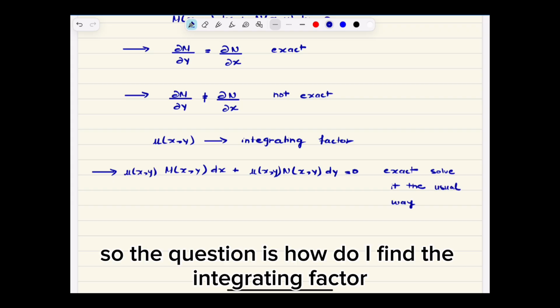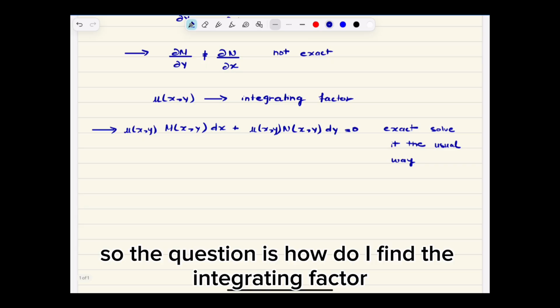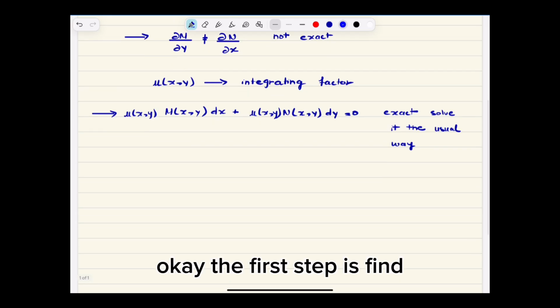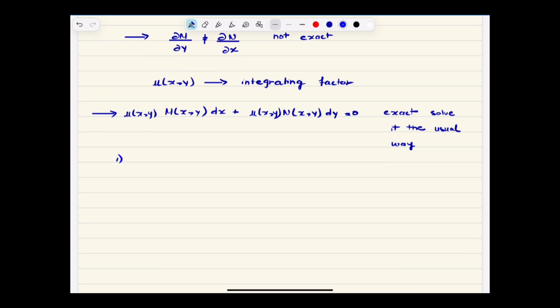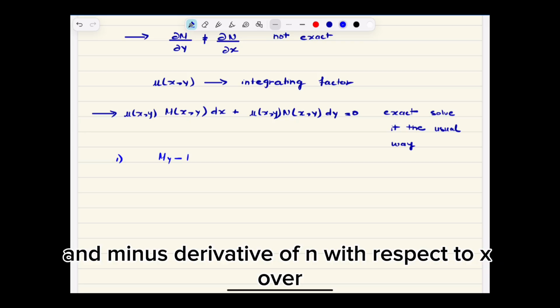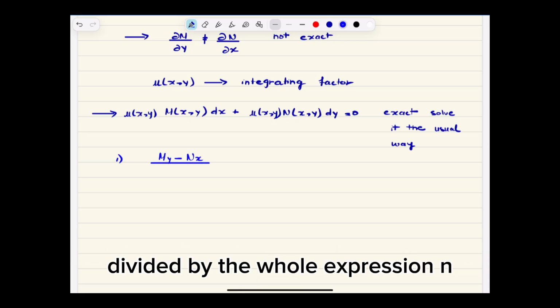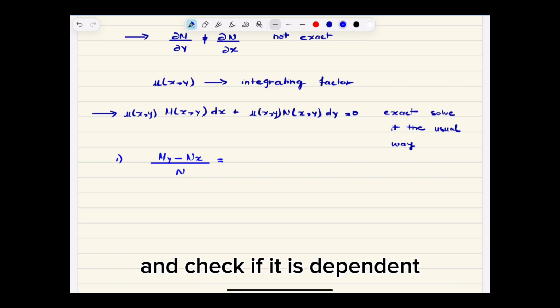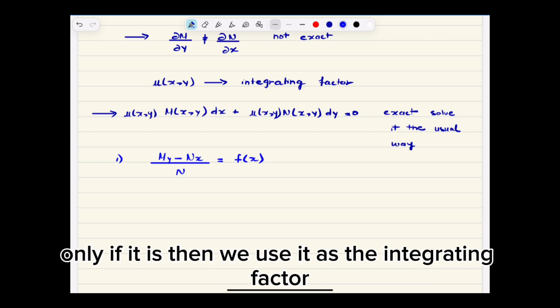Okay, so the question is, how do I find the integrating factor, the mu(x,y)? How do I actually find it? The first step is to find the partial derivative of M with respect to y minus the derivative of N with respect to x, divided by the whole expression N, and check if it is a function of x only.